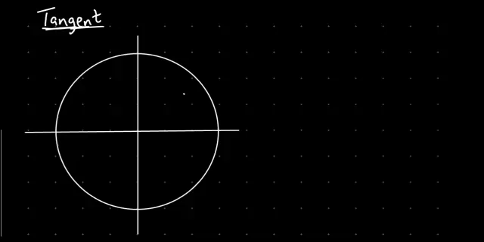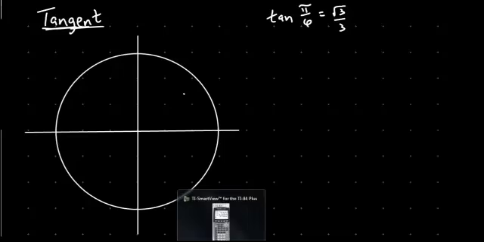So the last time, we got the tangent of pi over 6. Tangent of pi over 6 was root 3 over 3, and we got our approximation for that.